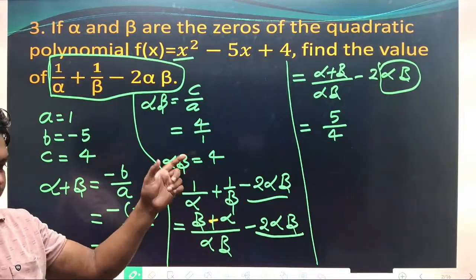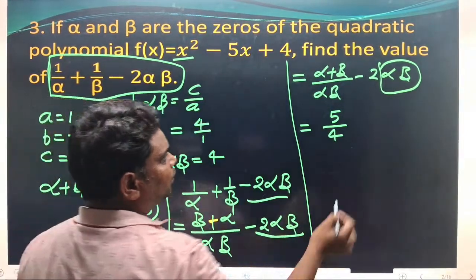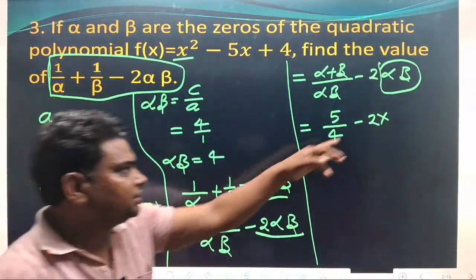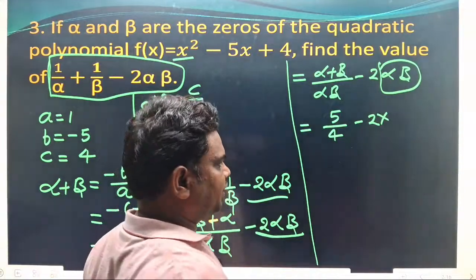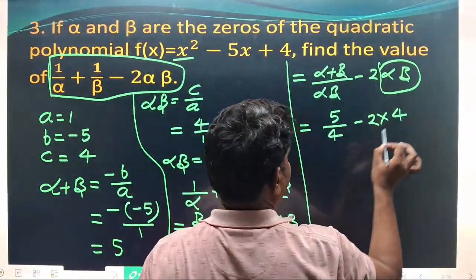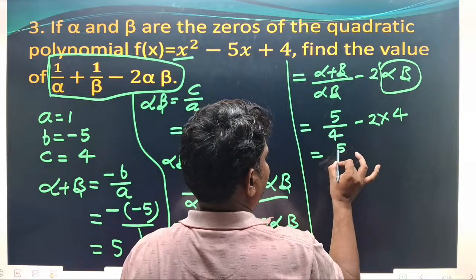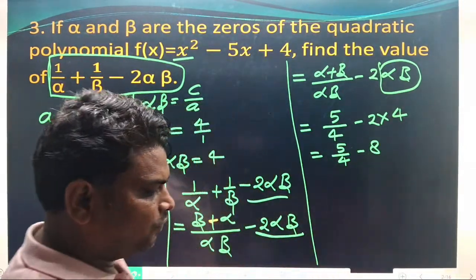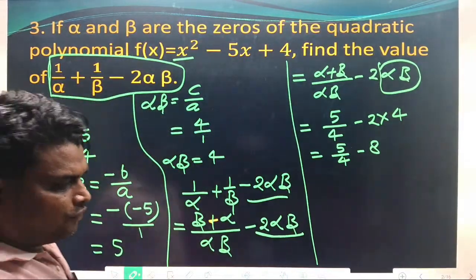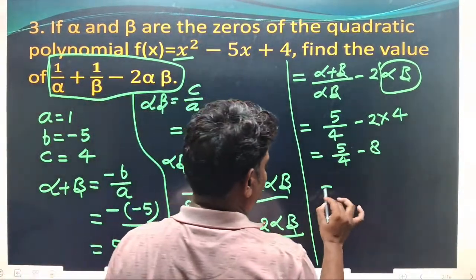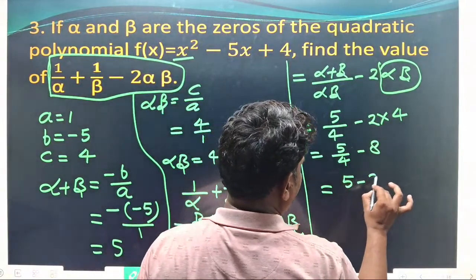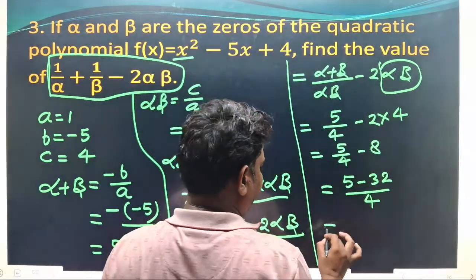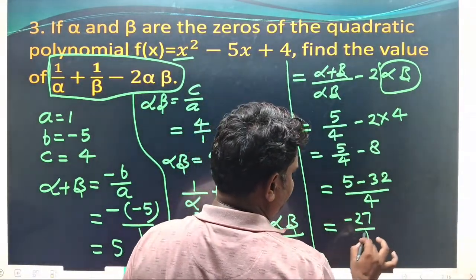Now minus 2 multiplied by the product of zeros, then multiplied by 4: 5 upon 4 minus 8. 4 multiplied by 8, 4 8s are 32. So 5 minus 32 upon 4 is equal to minus 27 upon 4.